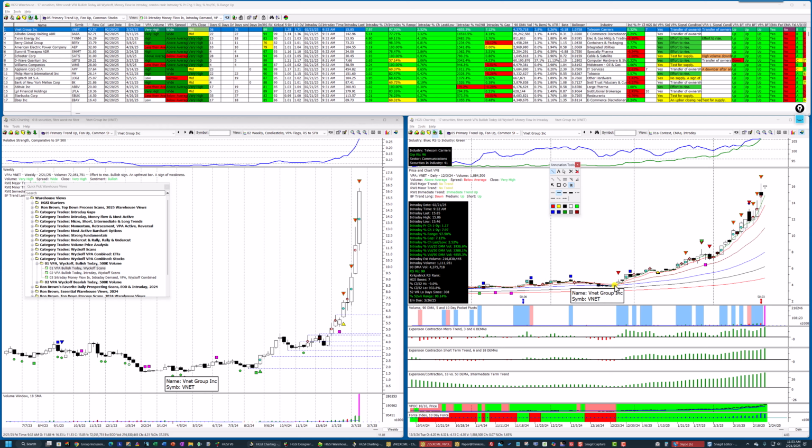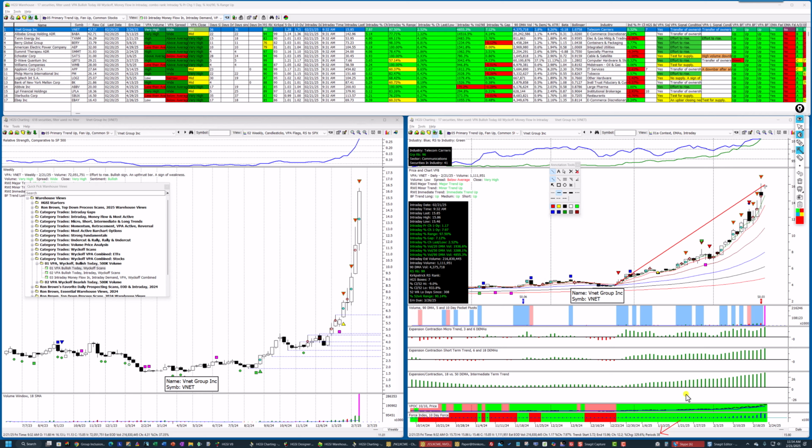Whoops, I don't want that one. That's for my position sizing. I'm going to go from here to here. And then I'm going to look down here. And you can see this run here is 329.6% over 38 periods.